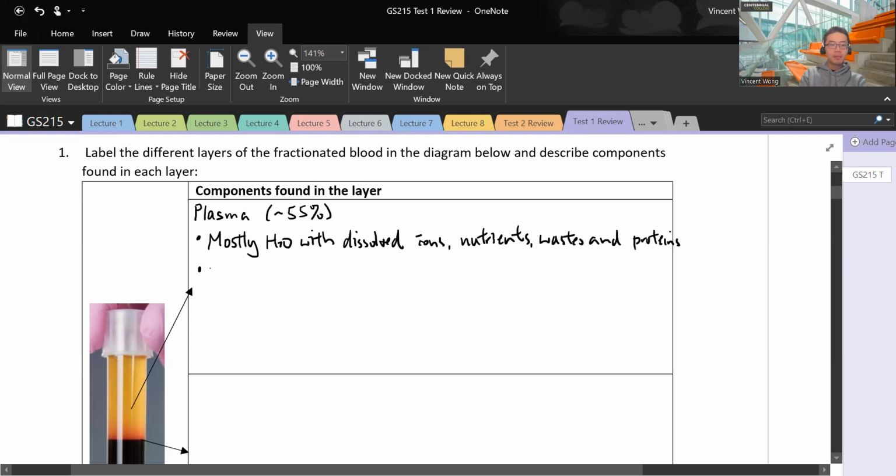So please give me some examples of plasma protein. Anything will do. We have learned so many of them throughout the first unit. What are some examples of plasma proteins?